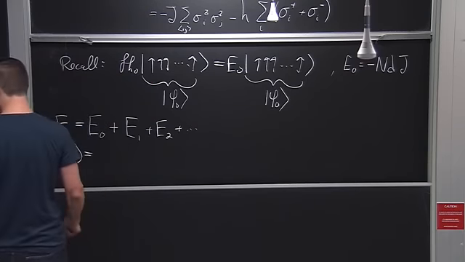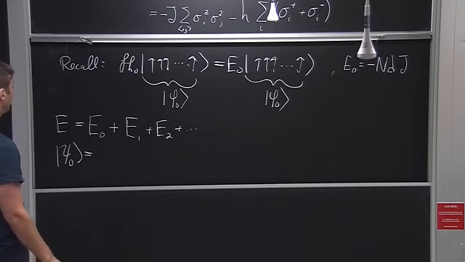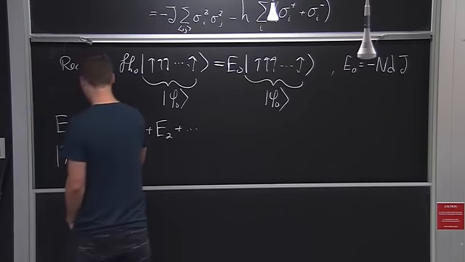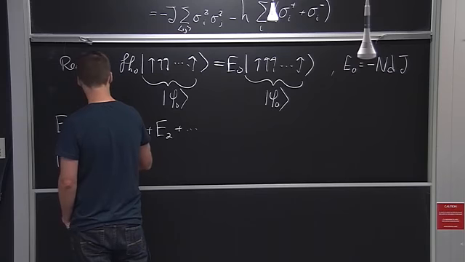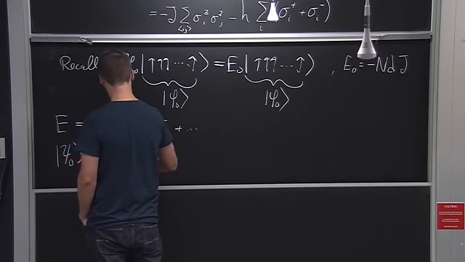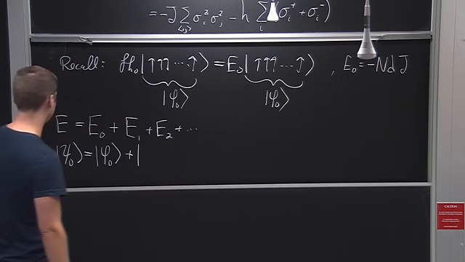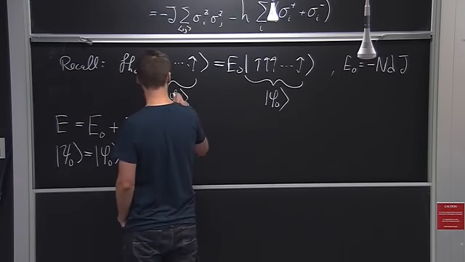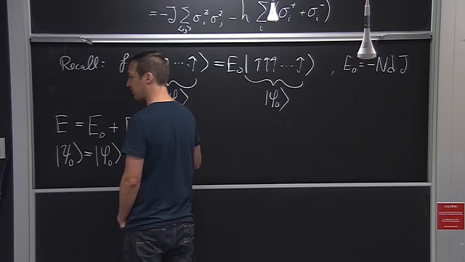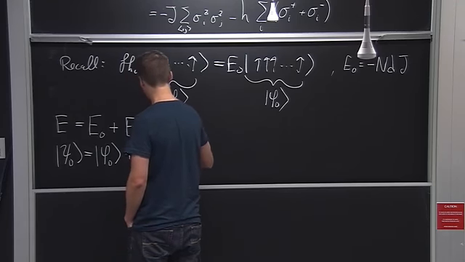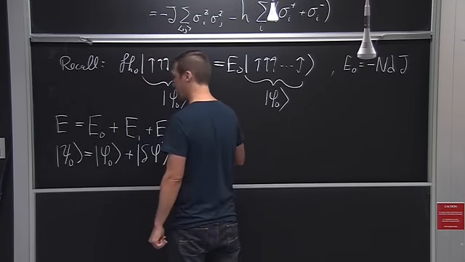So the ground state wave function, psi naught, which is essentially what we desire, is written as the unperturbed state plus, I'll call them delta phi's.